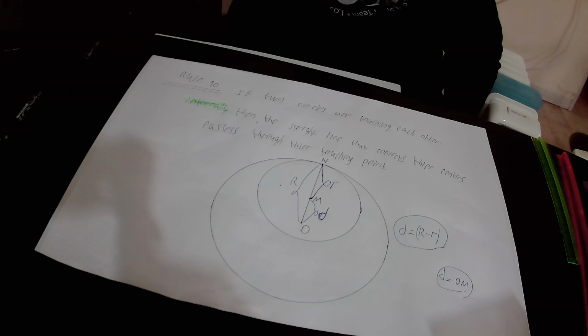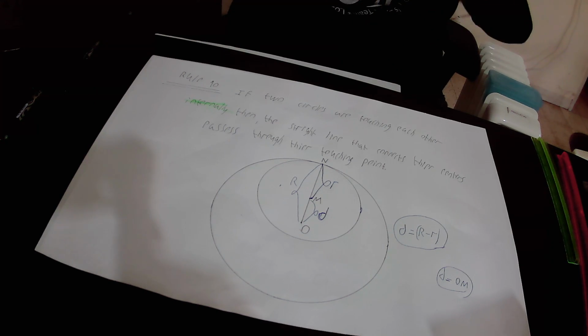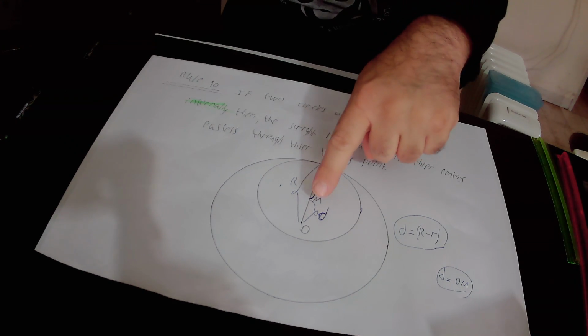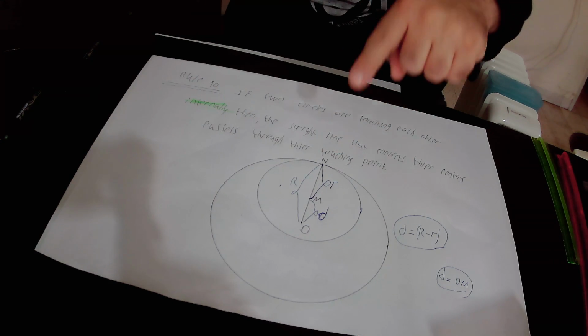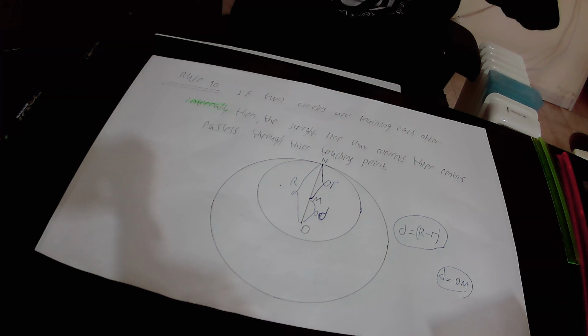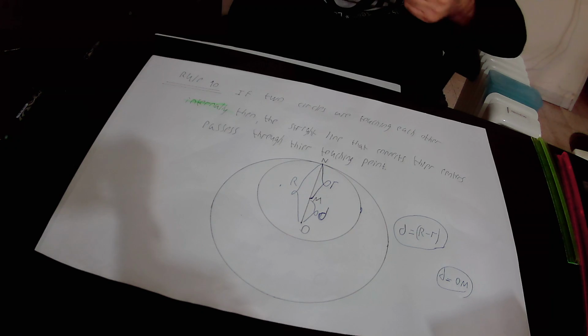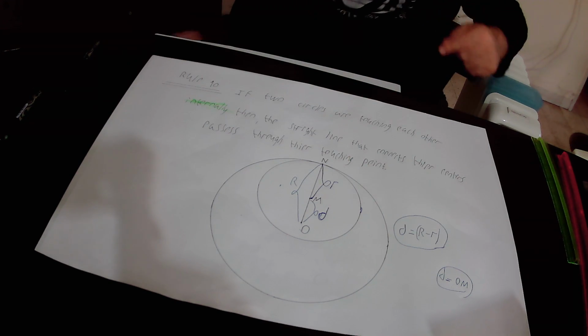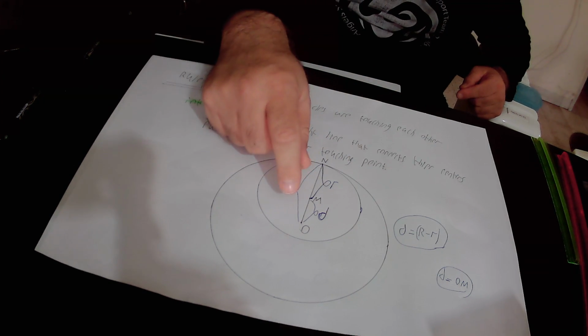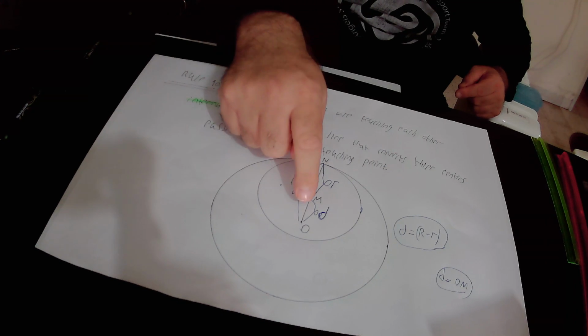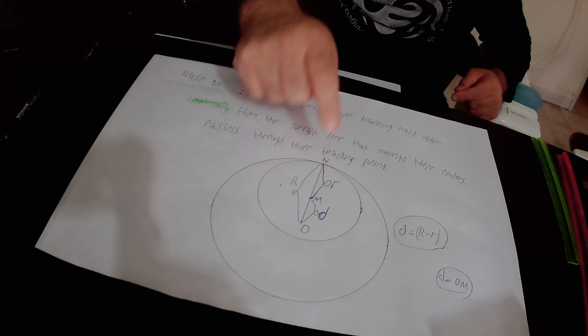Whenever you have an internal touch between two circles, the straight line that connects their centers together must pass through their touching point. Here, the straight line OM must pass point N, that is to say, OMN is one straight line. And what is the distance between their centers? The distance between their centers is the straight line OM.